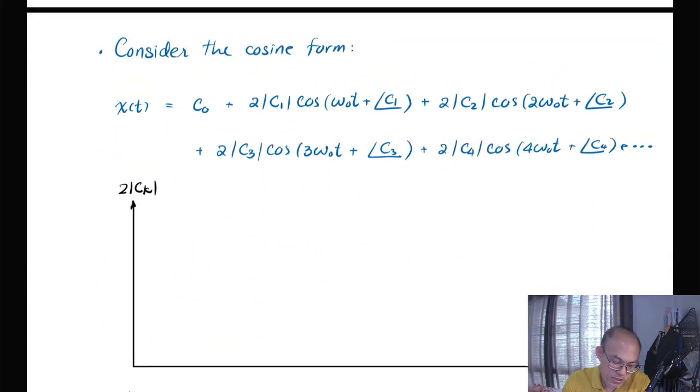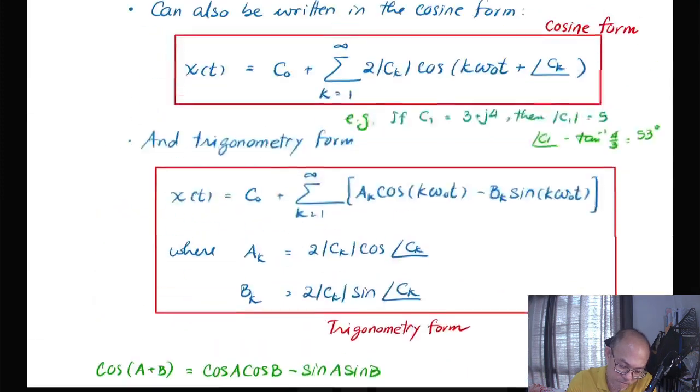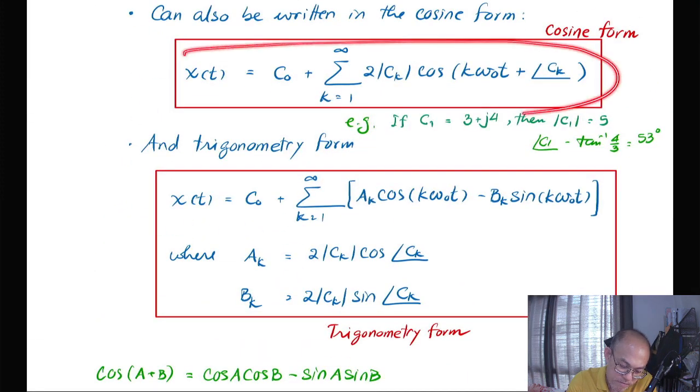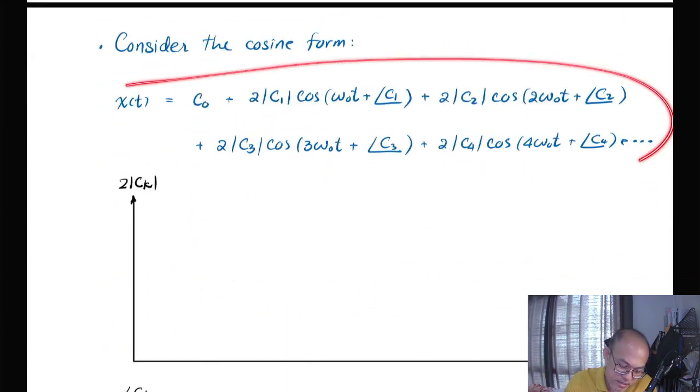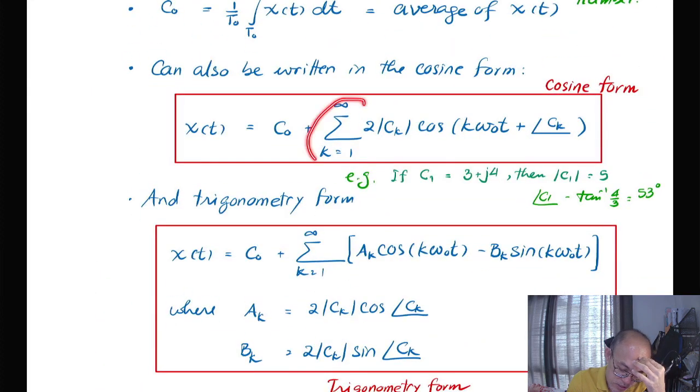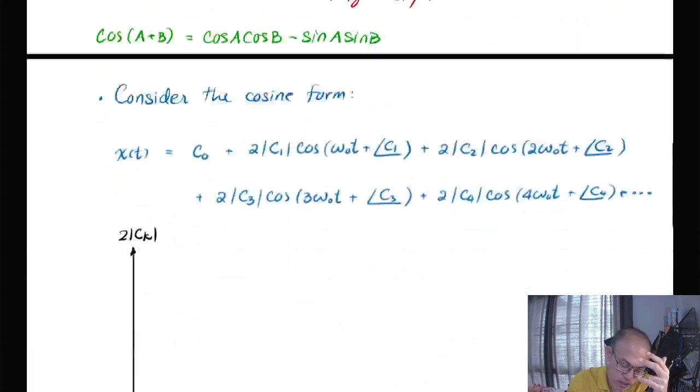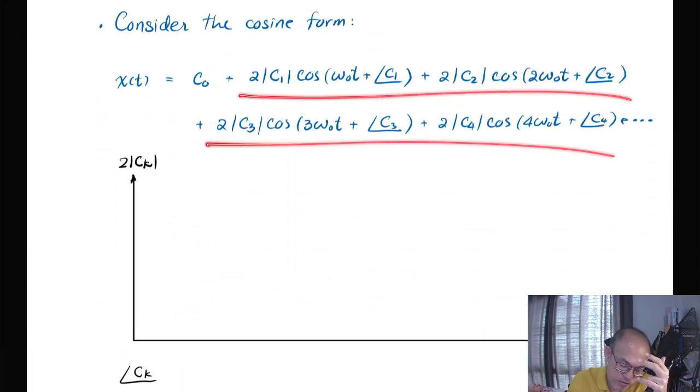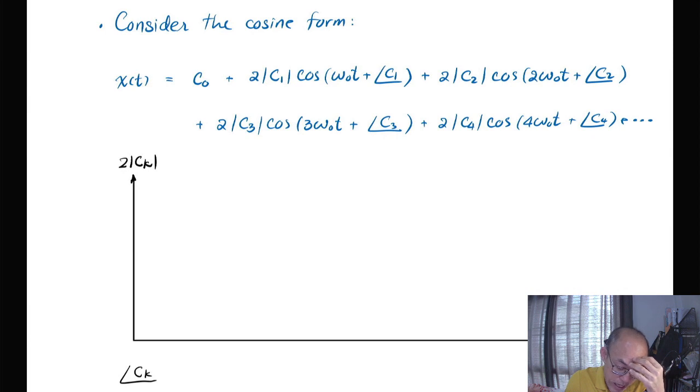Now, let's consider the cosine form. I've unfolded this summation, which is under the notation of sigma, by plugging in k equal to 1, 2, 3, 4. So I got this. Now, I'm going to plot. You see, this is a signal at frequency omega 0.